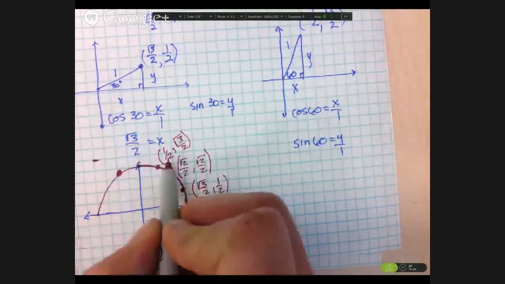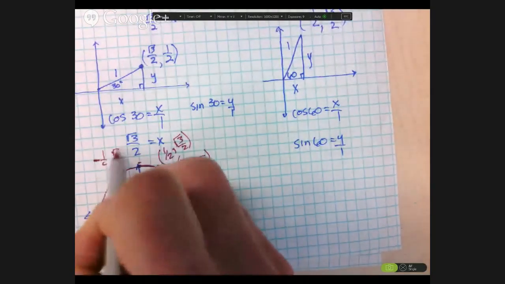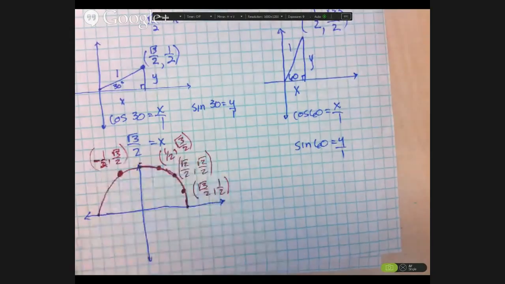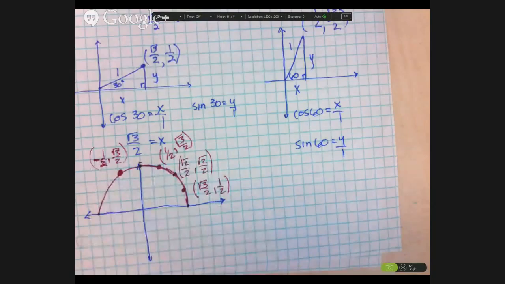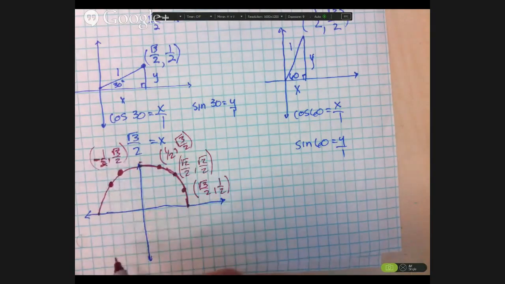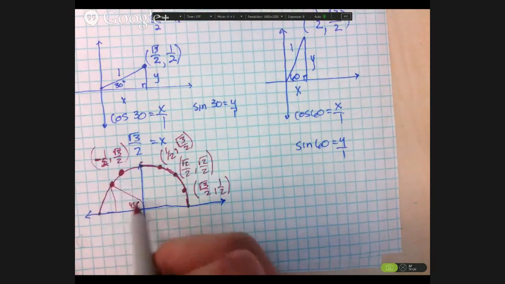It's the negative x value of this one. They're mirror images. Same y value. That's still 60 degrees. What about this one? It's 45 again. The reference angle, remember, the reference angle is 45.